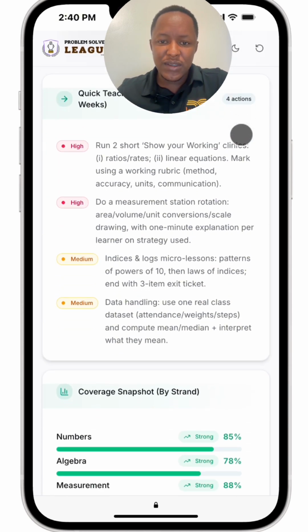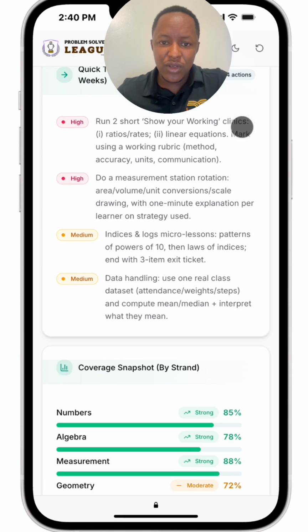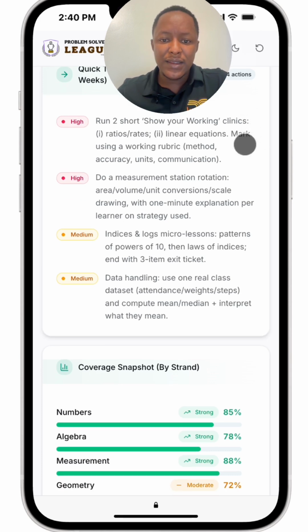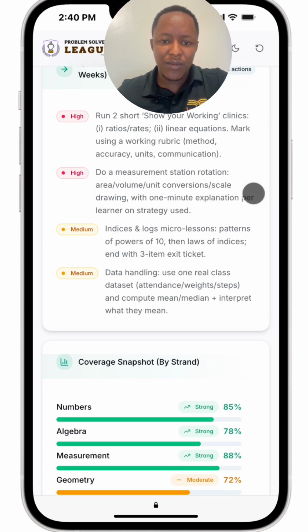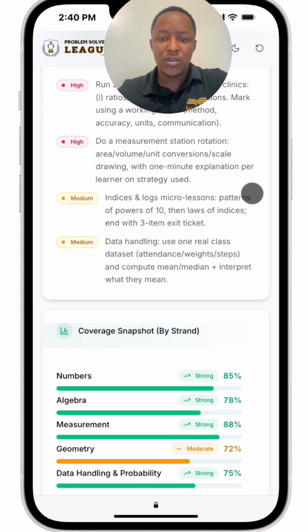Quick tips for teachers during the term: you need to look at show-your-work clinics. Again, try and make mathematics a bit practical. Have learners show how they are working, and try to apply it to real-life scenarios: ratios and rates, linear equations, units and communication. That's going to be very critical. Do a measurement station rotation.